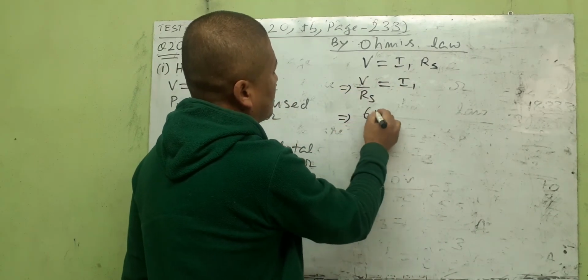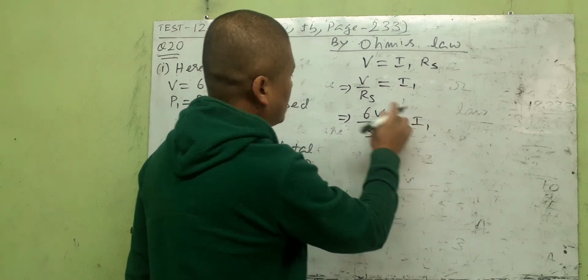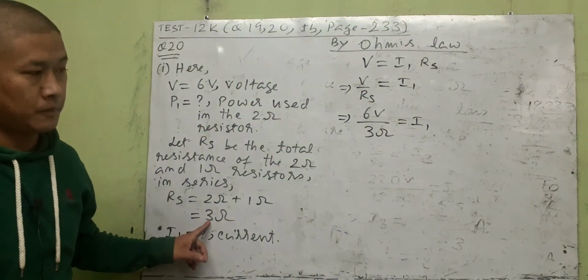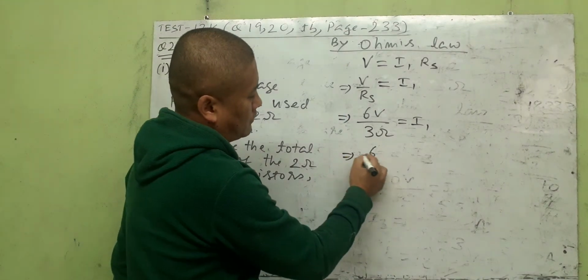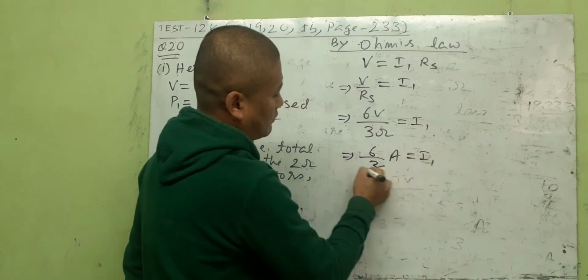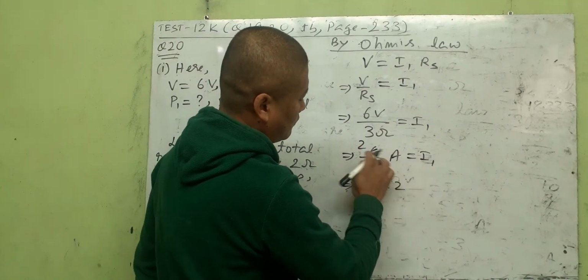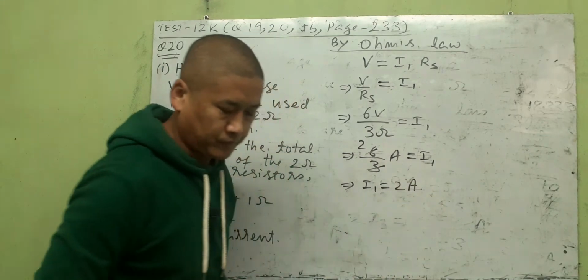V is 6 volt divided by RS, which is 3 ohms. So that will be 6 divided by 3. Volt by ohm is ampere. So I1 value is 2 ampere.